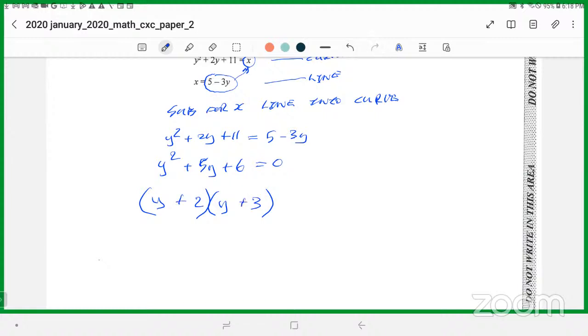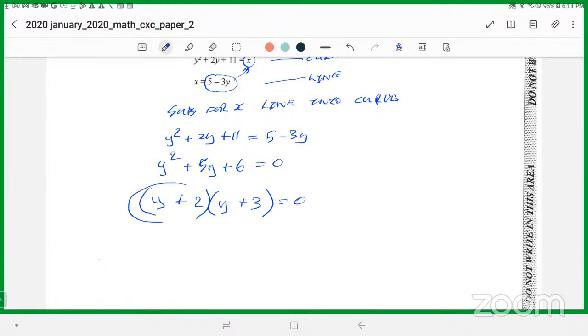Positive, positive. And I can check it. This times this gives me the y squared. This times this gives me the 6. Then the 5y is the far product, which is 3y, and the near product, which is 2y. 2y and 3y is 5y. With practice, you'll be able to do it quickly.